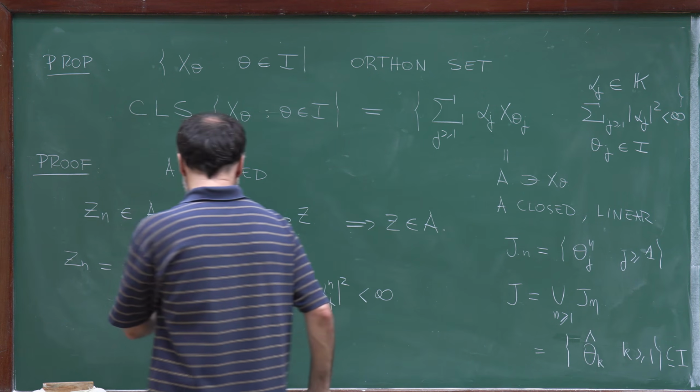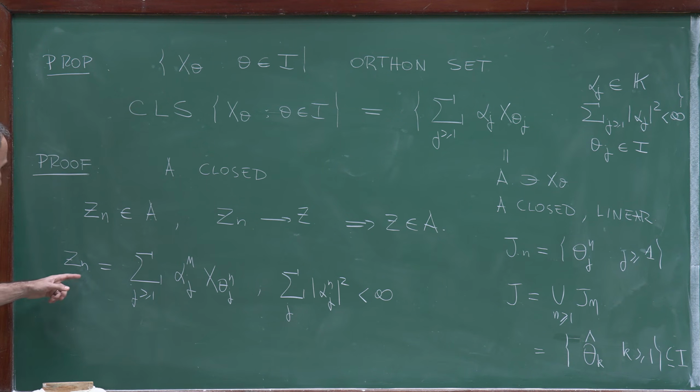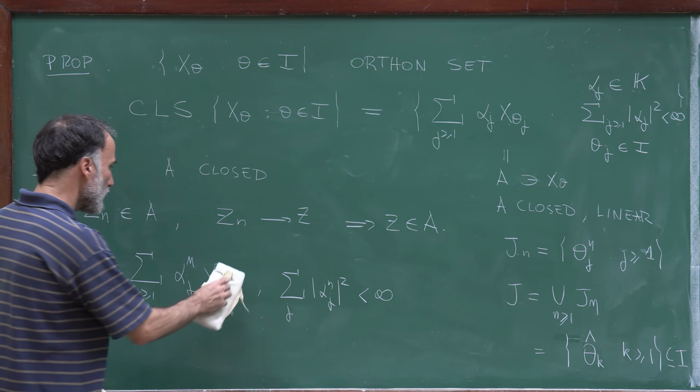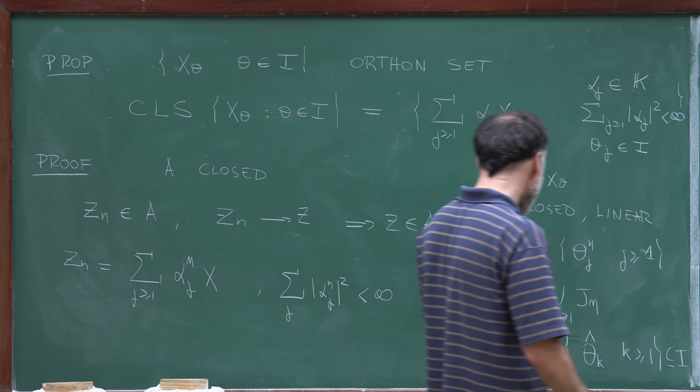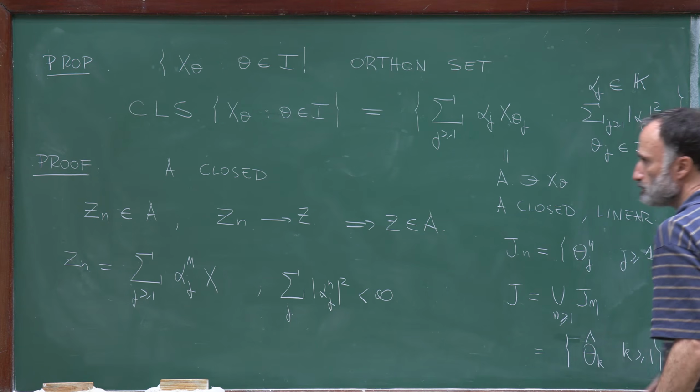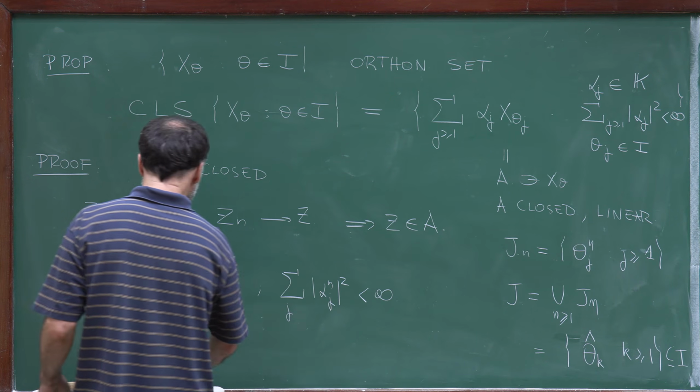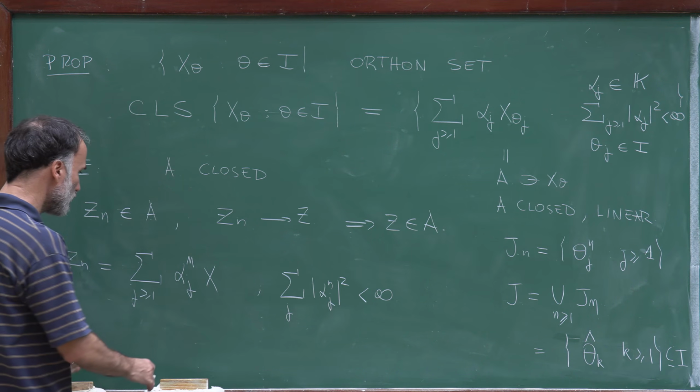And now, for each n, I can rewrite Zn in terms of this x theta hat k. So now I can change the values of alpha and j.